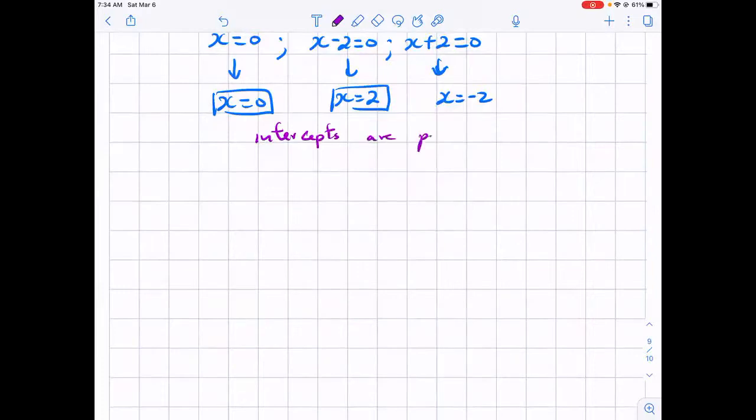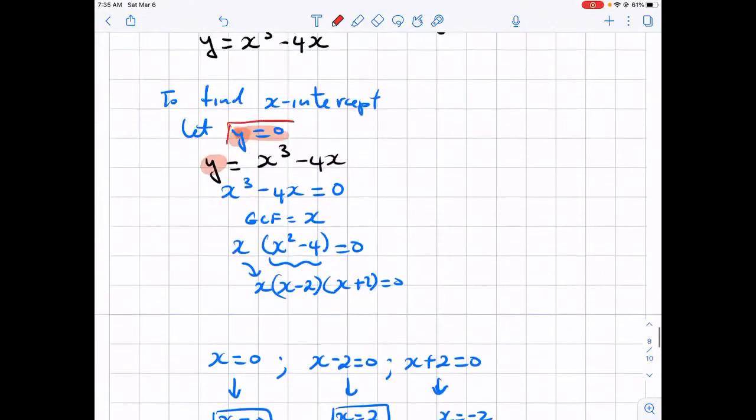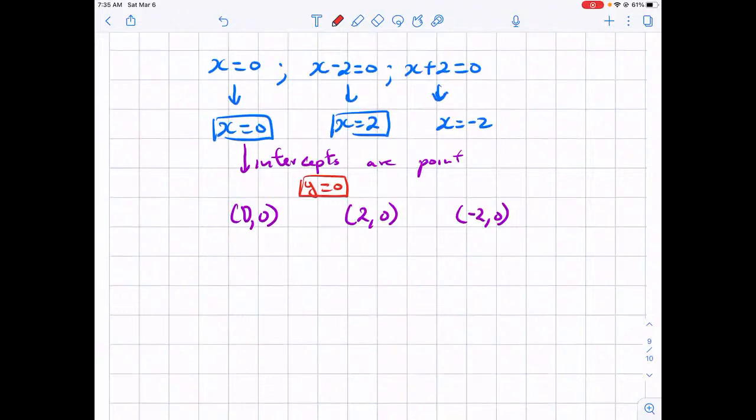So this one here, we get 0, 0. This one here, we get 2, 0. And then we have minus 2, 0. Okay? Y was equal to 0, and we got that from above. So in this equation, we have 3 x-intercepts.